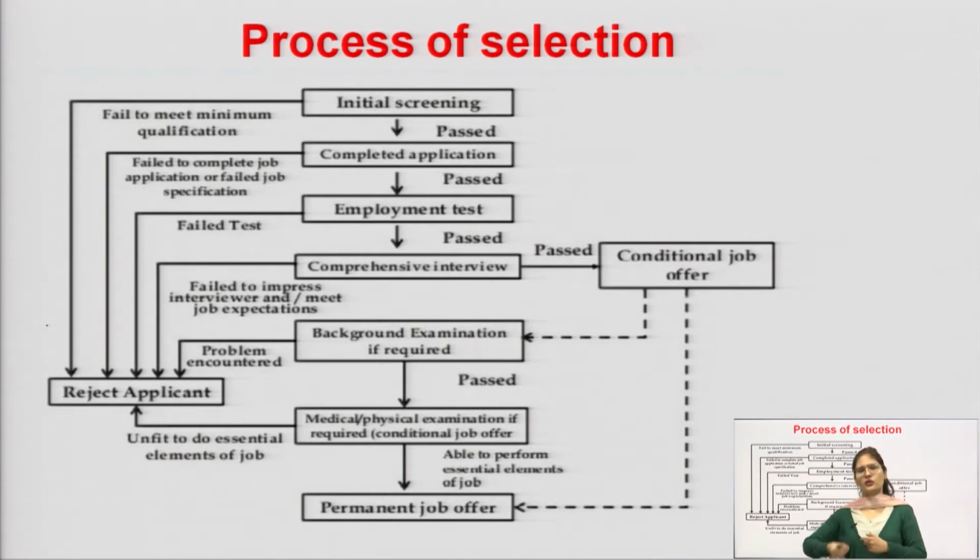It totally depends on the nature of the organization, and at the same time the job or vacant position they are searching for. It also depends on the role the person has to perform while doing that particular job, so it depends on the role of that particular vacant position.